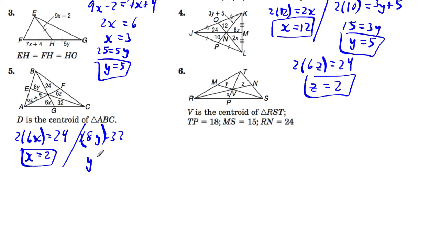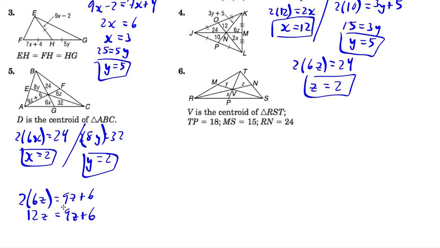So y is equal to 2. And then finally we have that 2 times 6z is equal to 9z plus 6. So this is 12z is equal to 9z plus 6. So 3z is equal to 6. So z is equal to 2.